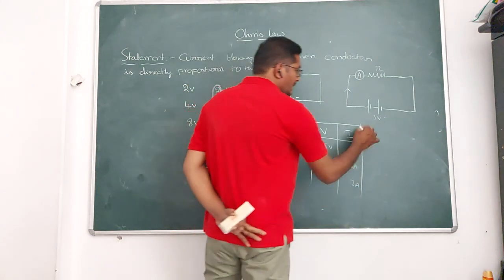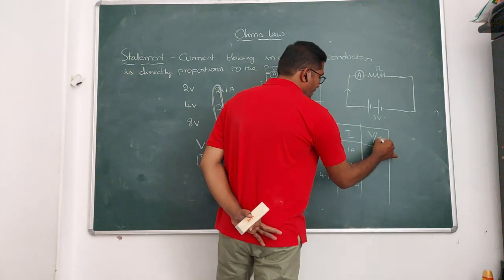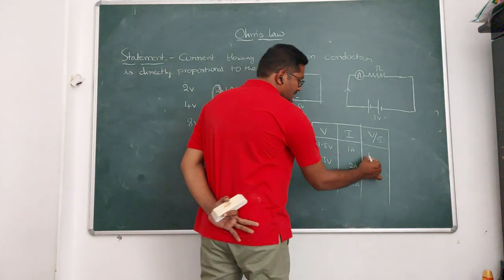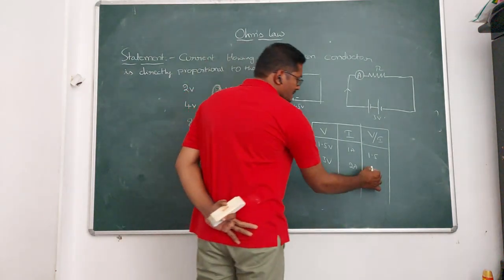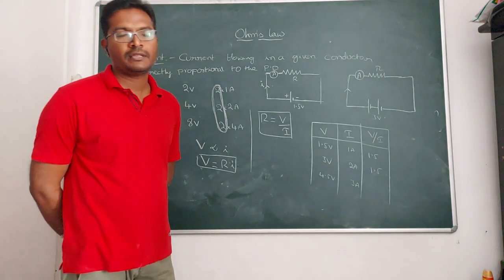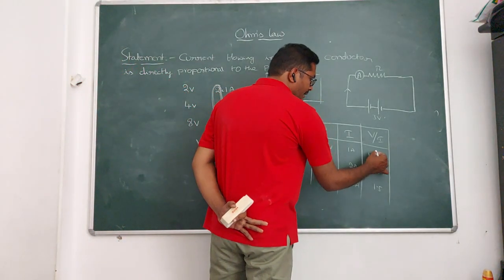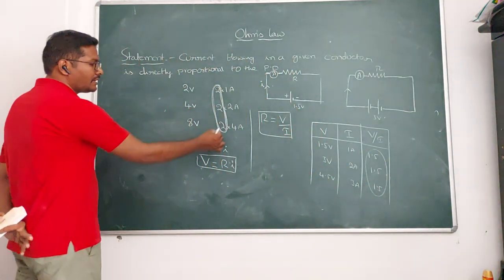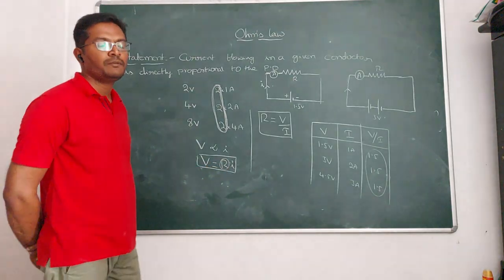Then do V by I, in another column. If you do V by I, 1.5 by 1 is 1.5, 3 by 2 is also 1.5, and 4.5 by 3 is also 1.5, so you get a constant here. That constant is nothing but the resistance of the given material.